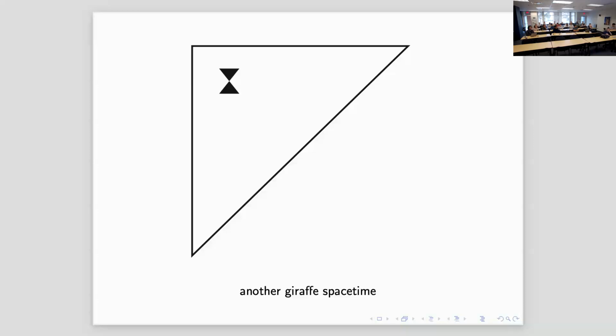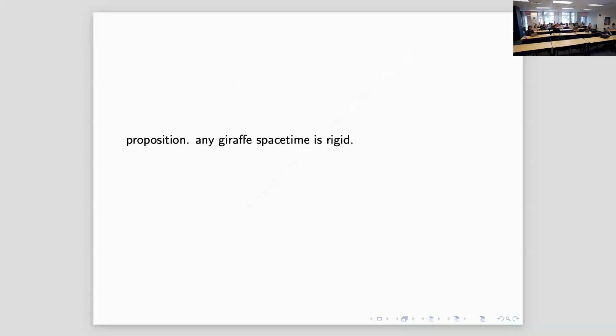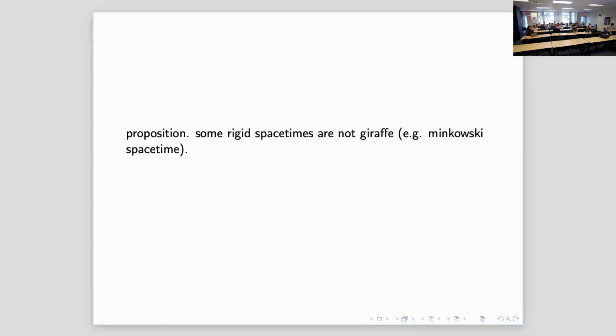That's going to be blocked by the fact that you have to map this triangle onto itself. All right. So of course it's trivial that any giraffe spacetime is rigid. And of course some rigid spacetimes are not giraffe. Minkowski spacetime is one.